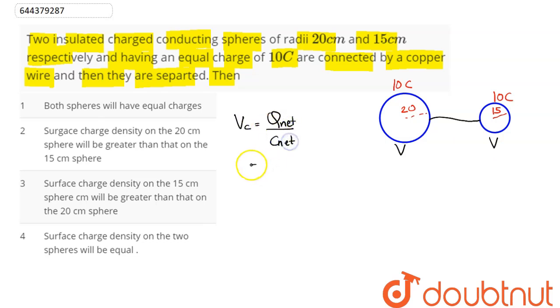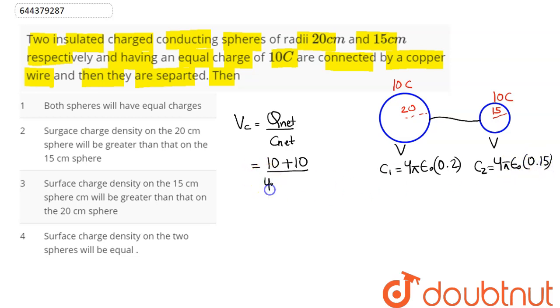Here Q net will be 10 plus 10, and C net will be the equivalent capacitance. For the first sphere this is 4 pi epsilon naught into the radius 20 centimeter, which is 0.2, and for the second we have 4 pi epsilon naught into 15 centimeter, which is 0.15.